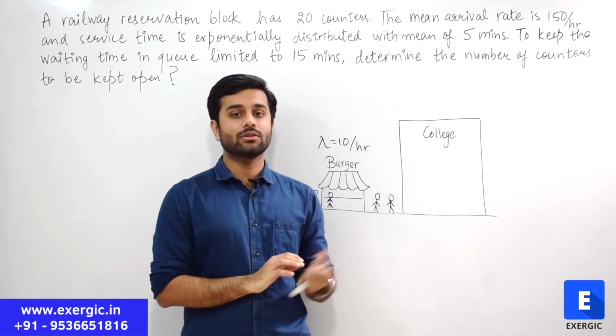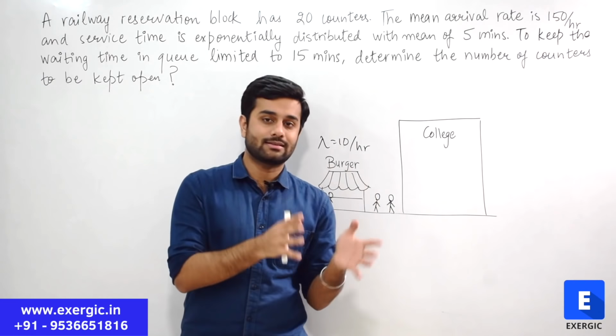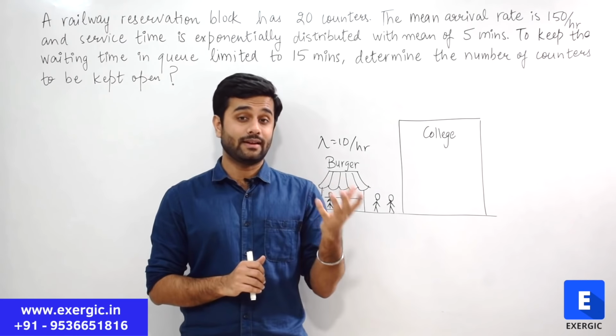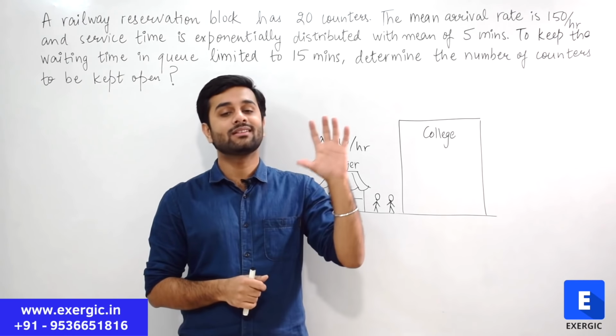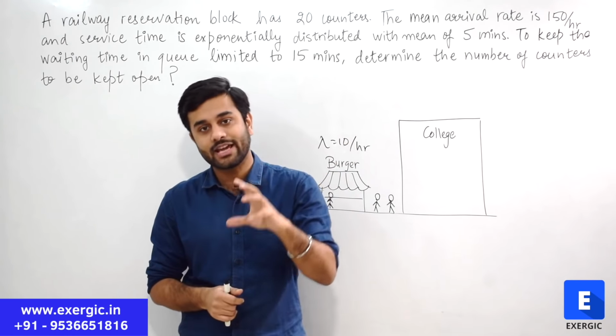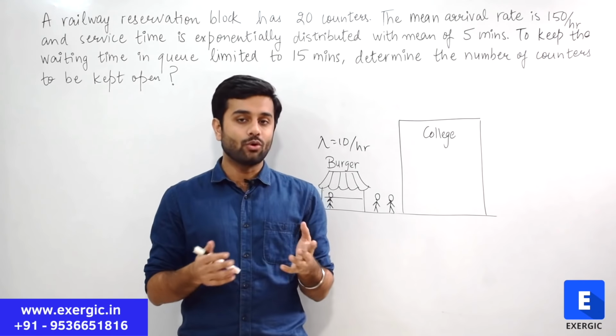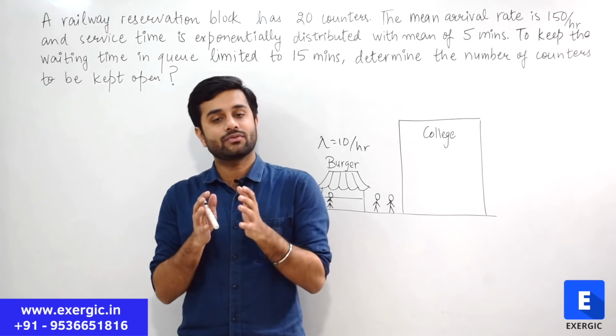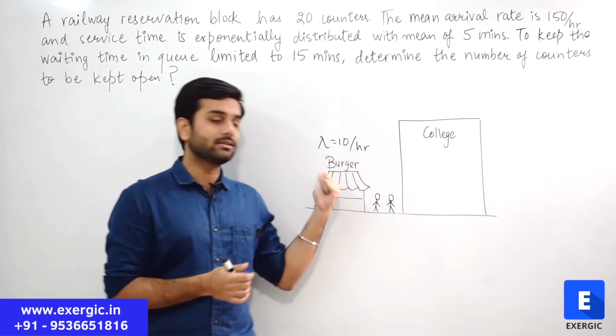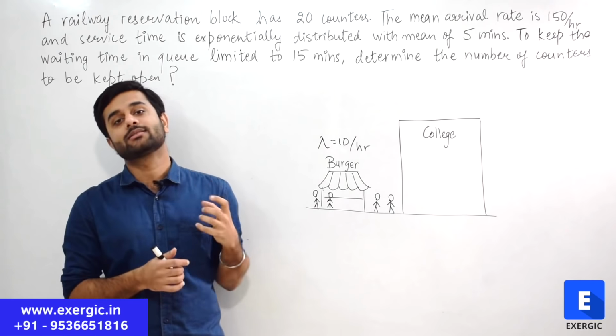But it depends upon the college timings: when the classes are being conducted, who the faculty is, whether you are bunking the classes or not, the recess time, and when the college gets over. All these factors will decide how many students will gather at the burger stall.